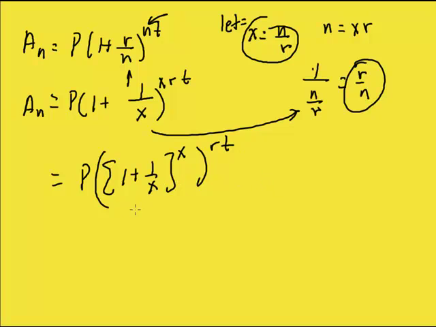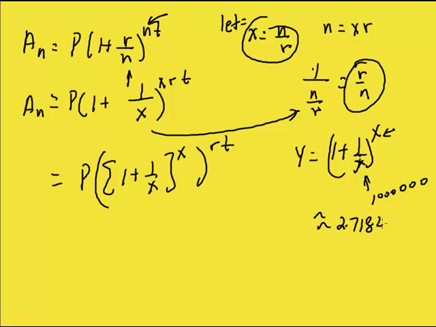Now if you take this function, y equals (1 plus 1 over X) to the X, and graph it, or just punch in numbers, let's say X is 1,000, or 10,000, or 100,000, or a million, and keep changing numbers and calculating the value, it ends up getting closer and closer to 2.7182828459045 and so on.